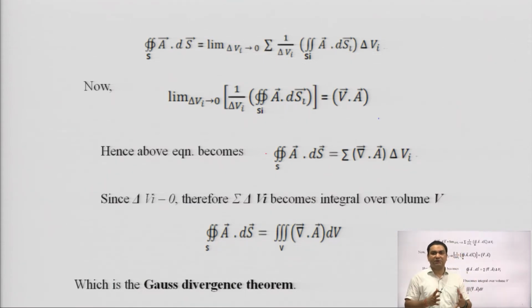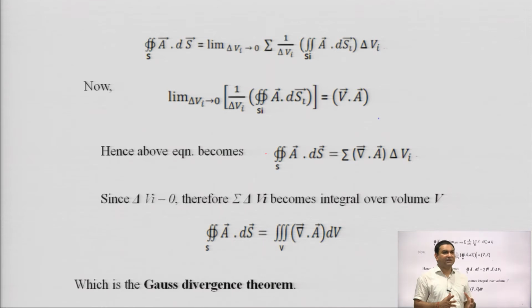This is the relationship between the surface integral and the volume integral, and this equation, the double surface integral A dot ds equal to the triple integral of del dot A dV, is called the Gauss divergence theorem.